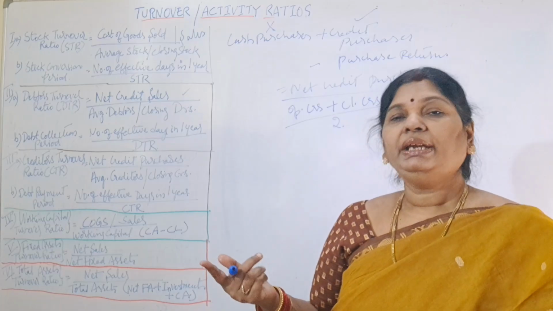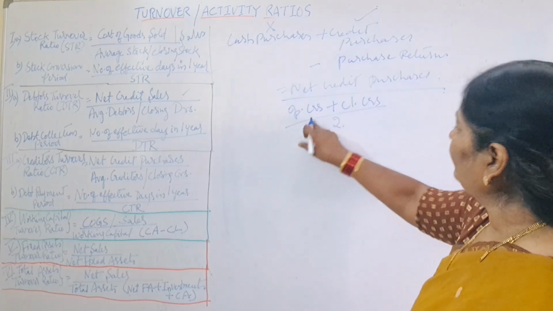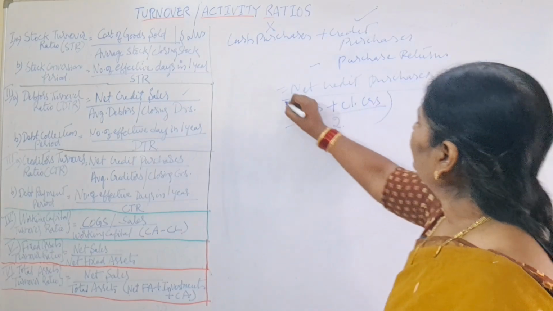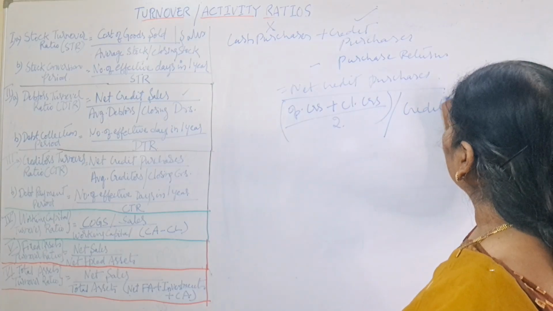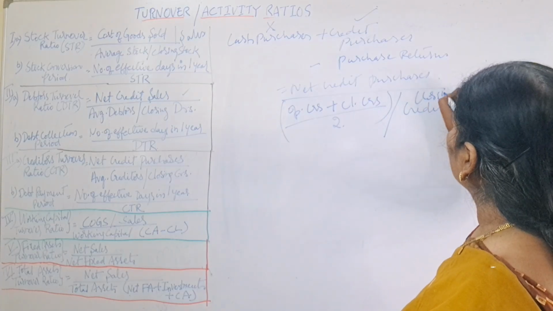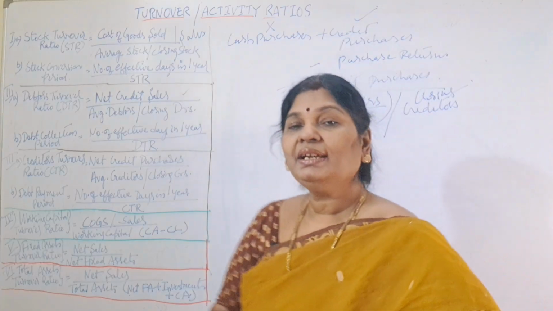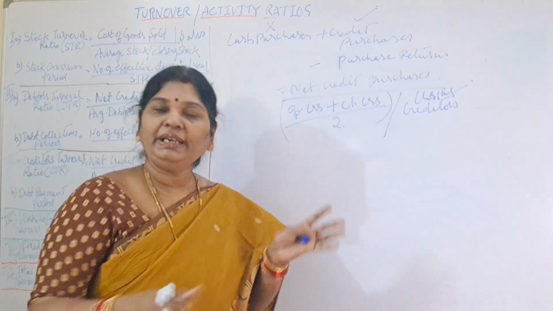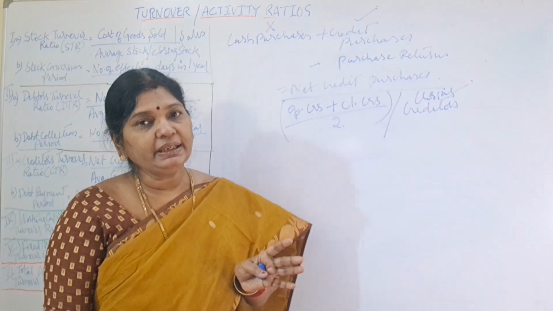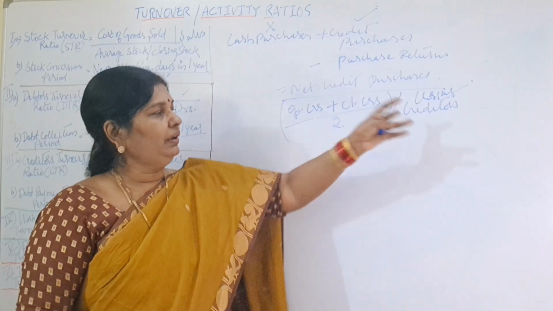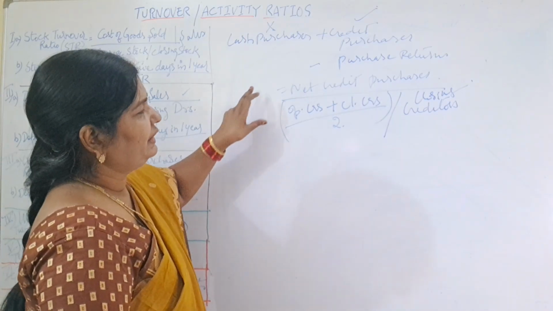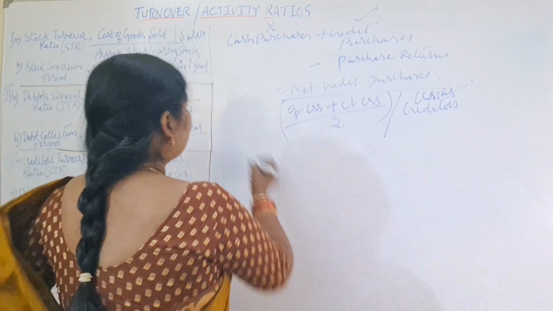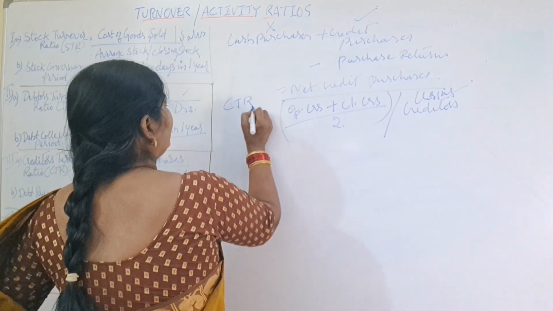In case if opening creditors amount is not available, then you can just take closing creditors. What is the meaning of closing creditors? Whatever the amount that is available in our trial balance, what we take under a balance sheet, that amount we have to take in the denominator. When you divide this using this formula, you will get CTR.